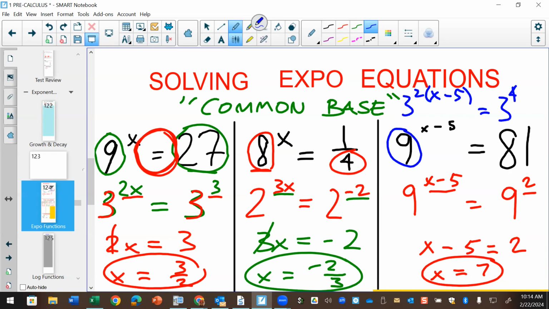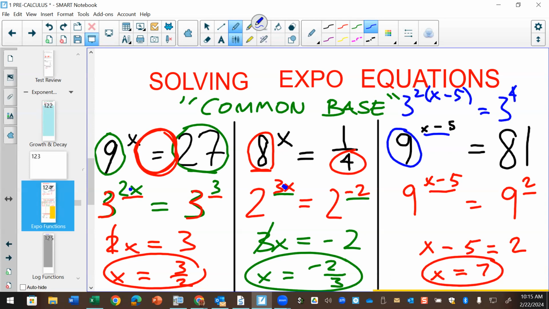You're cooked, okay? What did we do over here when we turned 9 into 3 squared? We just multiplied the 2 and the X that was already there. Over here, when we turned 8 into 2 cubed, we just multiplied. Multiply whatever was there first with what you put up there. So we're gonna multiply the 2 and the X minus 5 that was already there.